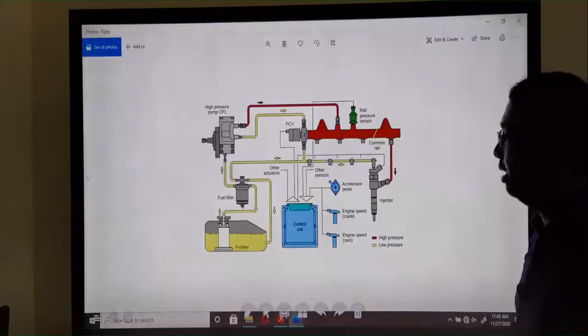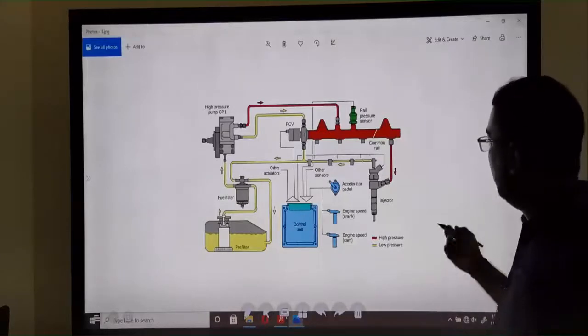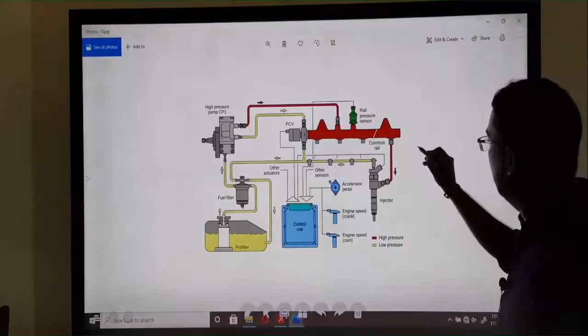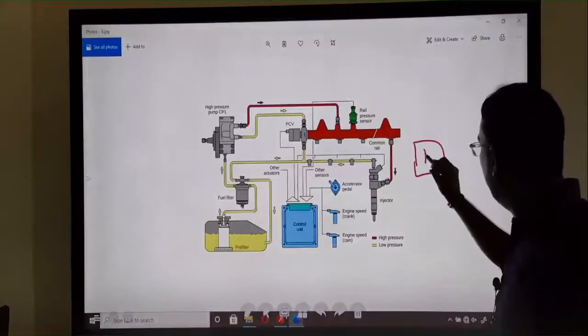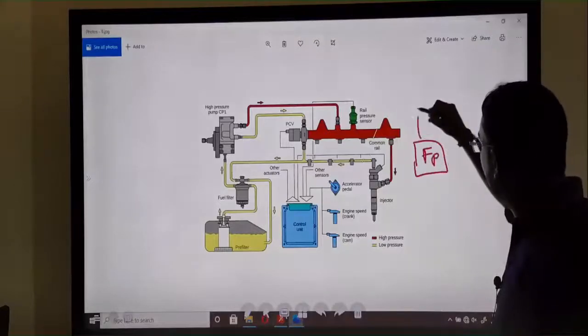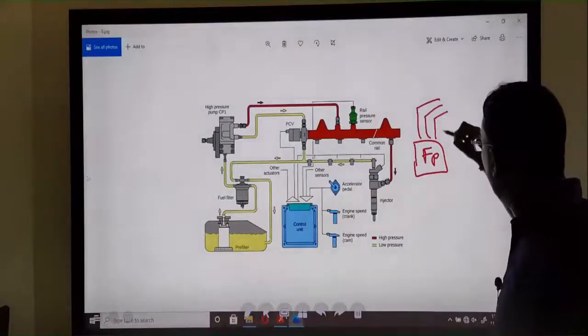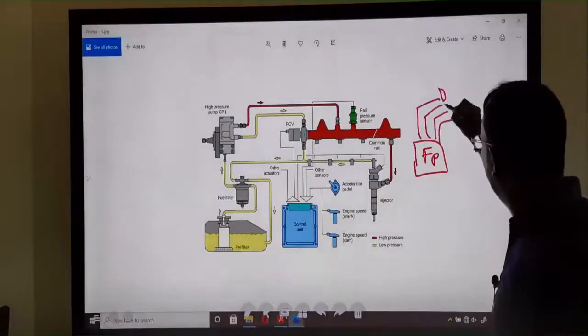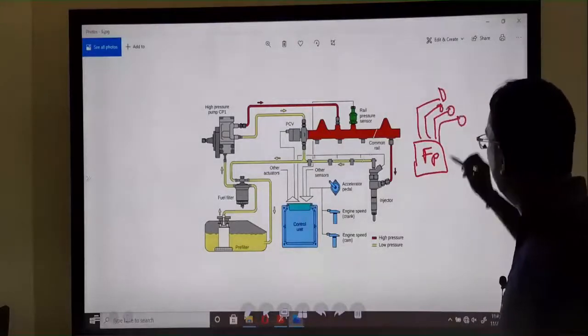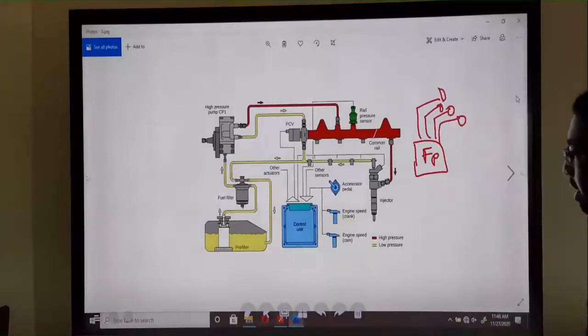Before, in the old vehicle, normally they used this fuel pump. You can already see there are 4 separate lines connected with the injectors.